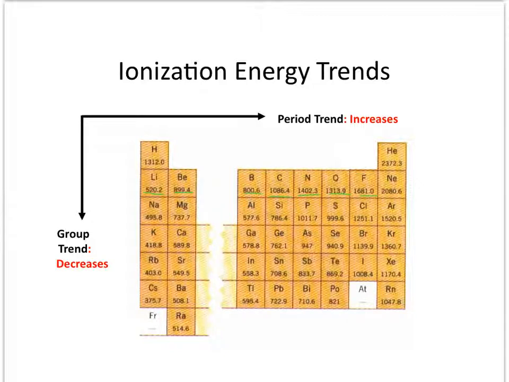Every once in a while you'll see that they will break that pattern and decrease. Remember, we had said these are predictable patterns, not every element plays the game. So we say on average the ionization energy is increasing as we go across, and if we look down you can see that for the most part the values are decreasing. So the pattern for ionization energy as you go down a group is that it gets smaller.